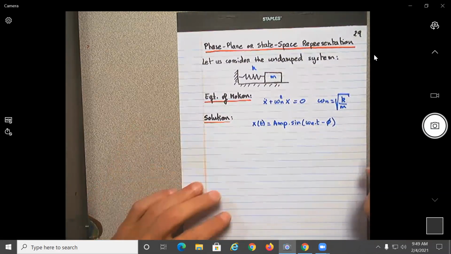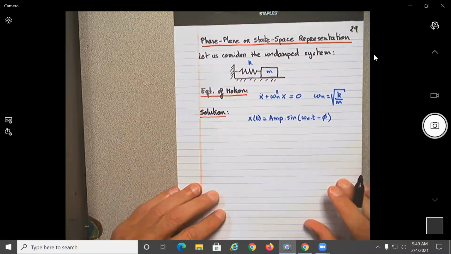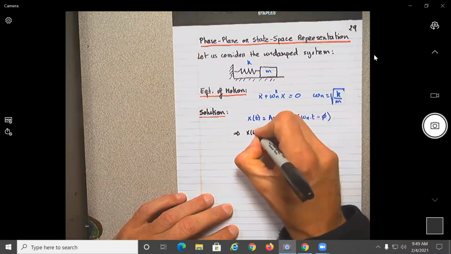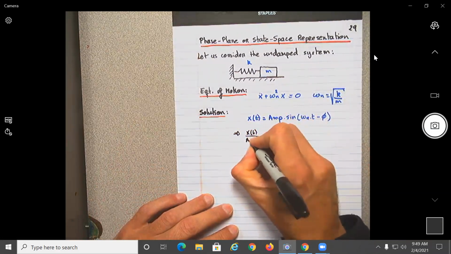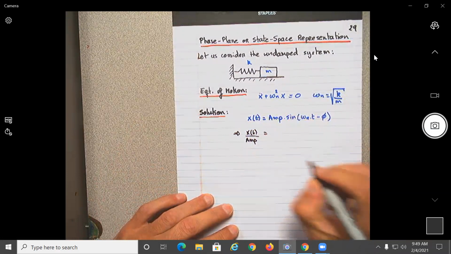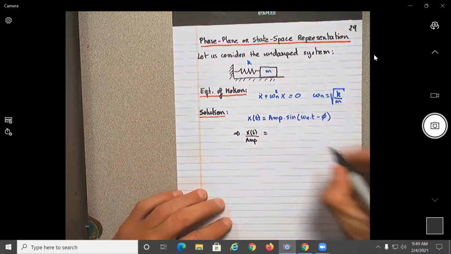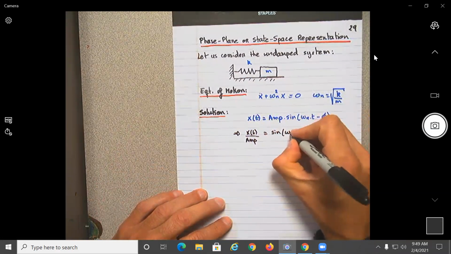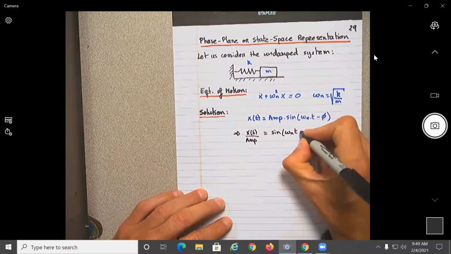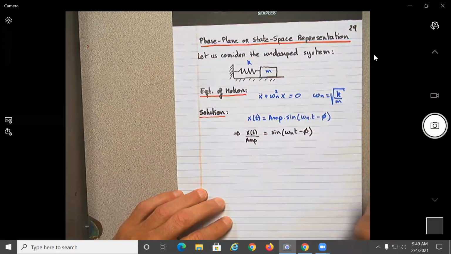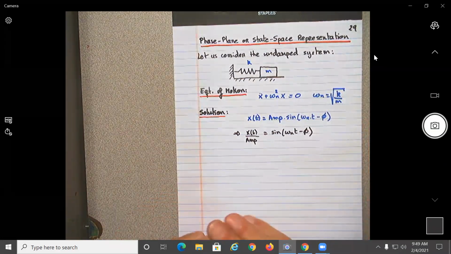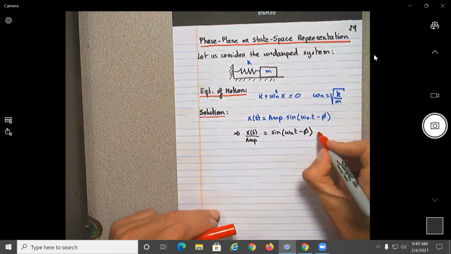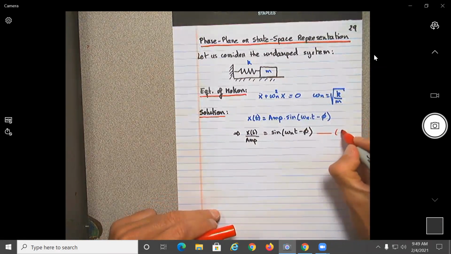So that means that we can rewrite that equation as x of t divided by amplitude equal to sine omega n t minus phi. Let's take this one as our equation A.